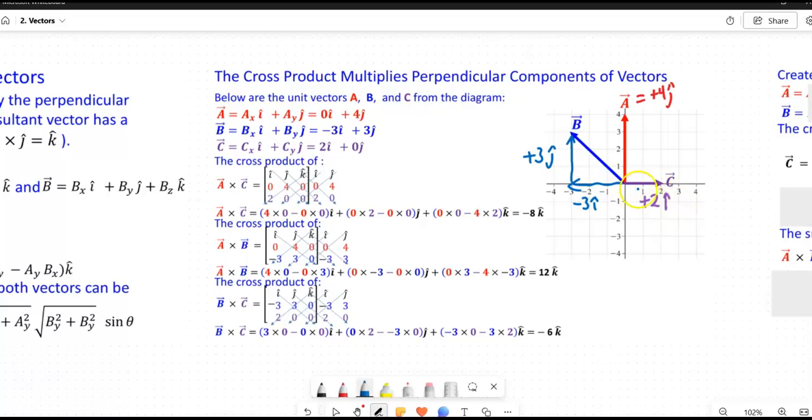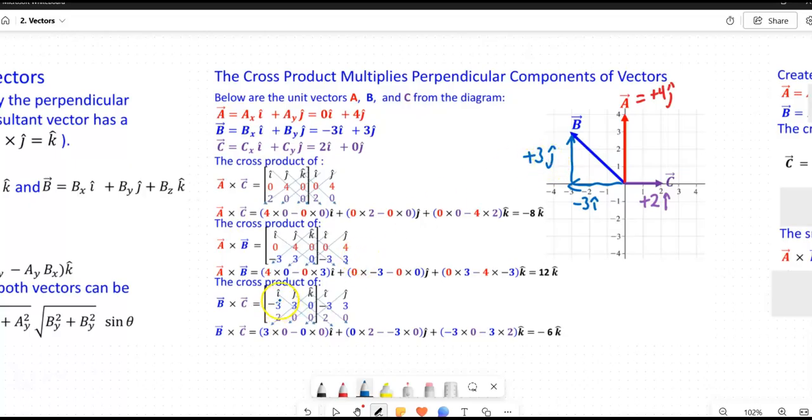So this is going to be 6, and since it's i and j, the new direction will be k, so it's going to be 6k. Since both of these are positives, well, we're going to wind up with a negative. So I'm thinking the answer should be negative 6k.